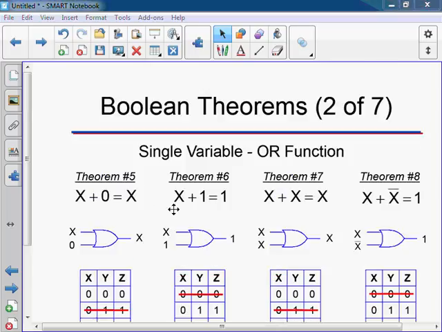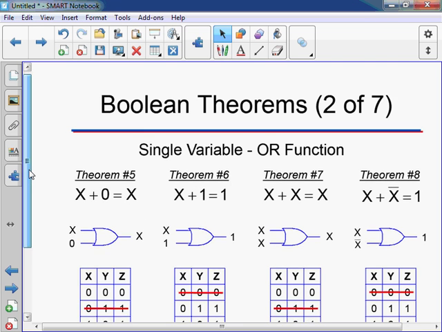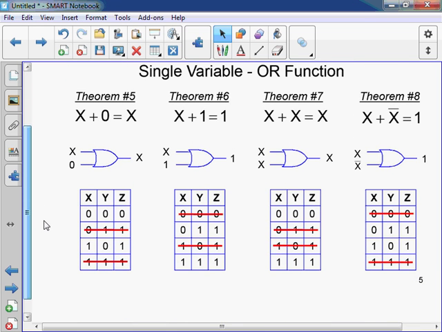All right, guys, so here's the one with the OR gate. And it follows exactly the same logic. We put the different kinds of inputs into our OR gate, and then we just look through them. So this one has x or 0 going into the OR gate.